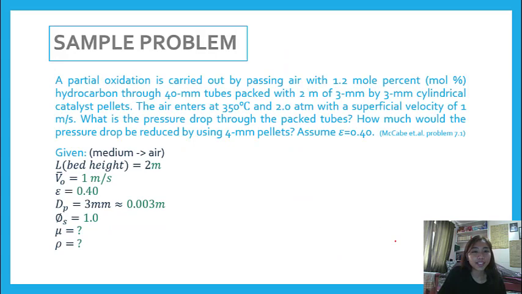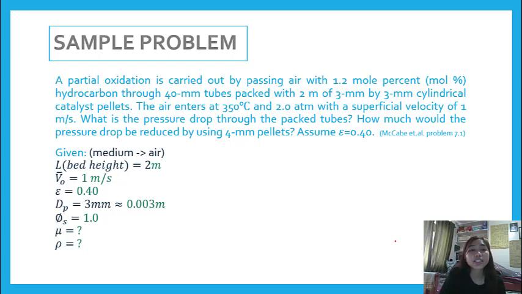So guys, let's do a sample problem so that we can apply the formulas and equations we have learned. Let me read the problem. A partial oxidation is carried out by passing air with 1.2 mole% hydrocarbon through 40 millimeter tubes packed with 2 meters of 3 millimeter by 3 millimeter cylindrical catalyst pellets.